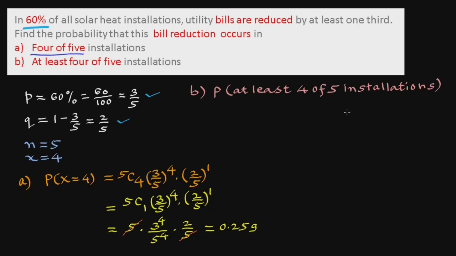Now the second question, B, is probability of at least 4 of 5 installations that we have to find out. First, let us understand what is the meaning of at least 4 of 5.